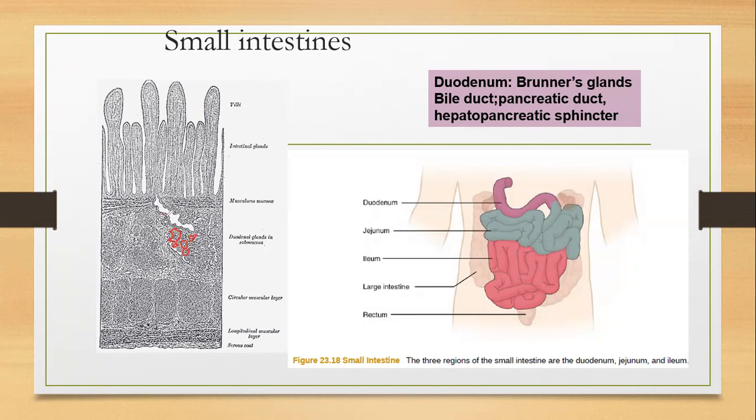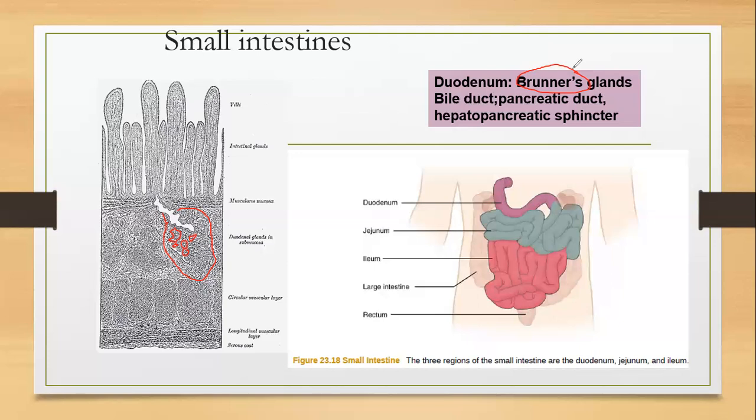This whole structure is what we call the submucosal gland, and another name for it within the duodenum is Brunner's glands. Their work is to produce a lot of bicarbonate.